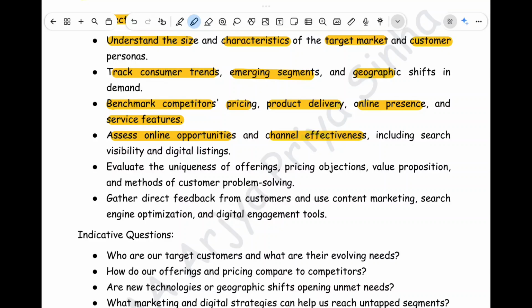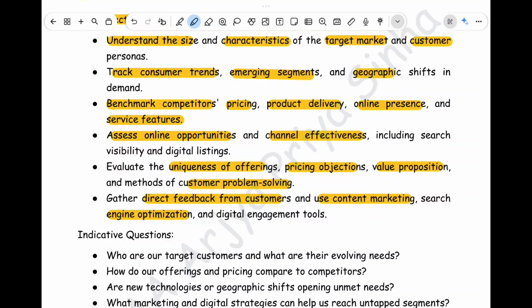Next is evaluate the uniqueness of offerings, pricing objections, value propositions, and methods of customer problem solving. So these are the aspects of gap identification. And the last one is gather direct feedback from customers and use content marketing, search engine optimization. So these are also important for such gap identification and to meet such gaps, right?